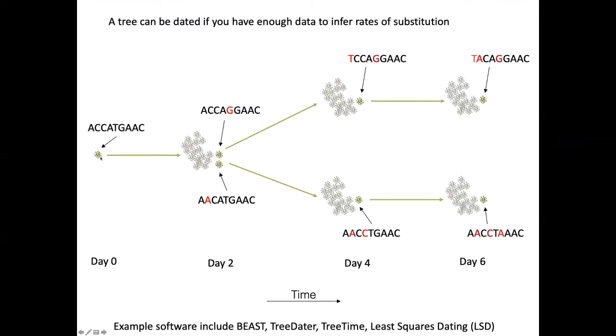And it helps if you have more samples, better data, and so on. But there's lots of software that does this automatically, that encodes different sets of assumptions. The most popular by far is BEAST, and it comes in 2 flavors, BEAST 1 and BEAST 2. And there's TreeTime, TreeDater, and least squares dating that have the benefit of being computationally much faster than BEAST.